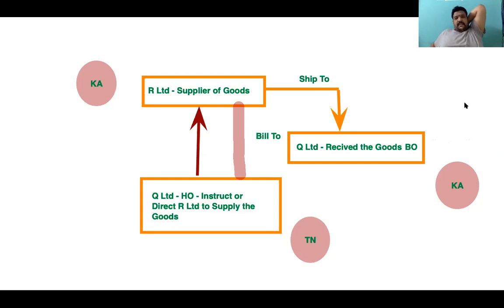In this transaction, what is your place of supply? Tamil Nadu, Karnataka. First of all, this transaction will be covered by... now you all started to think on my lines. Good, Pavitra.